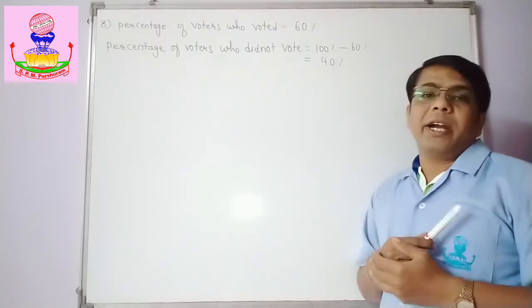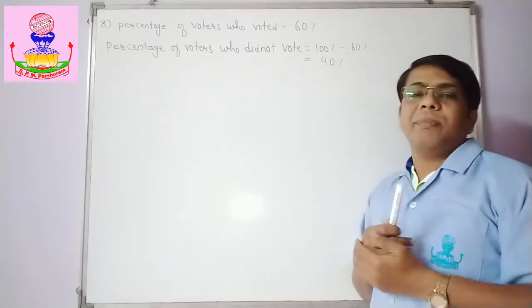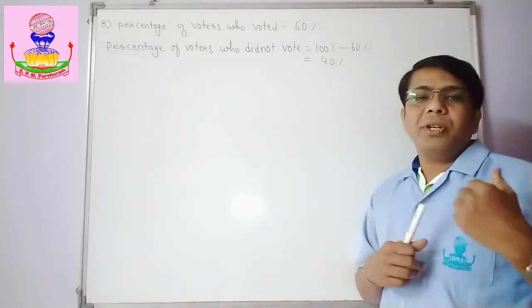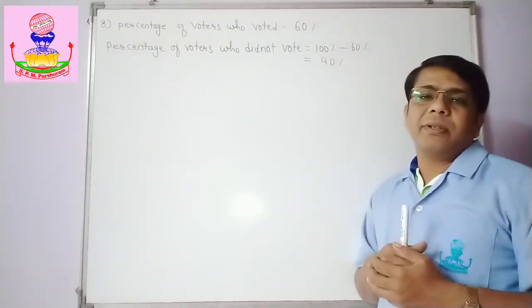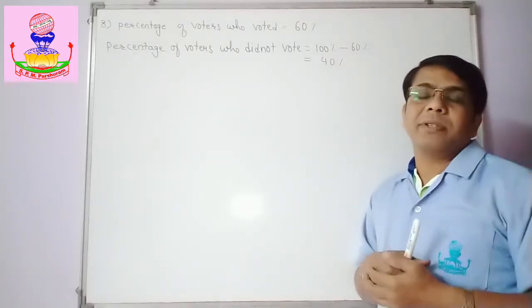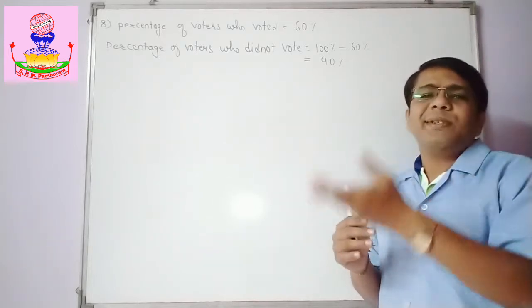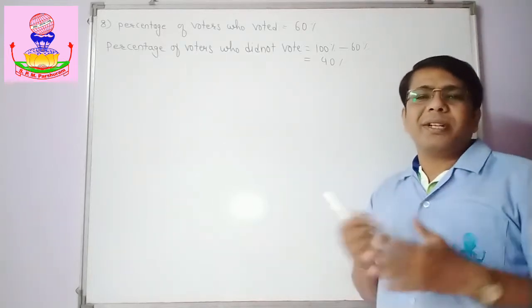Now we want to find how many of them have not voted. That means the actual number. We know the total number of voters is given, 15,000, right? So 40% of 15,000 have not voted.